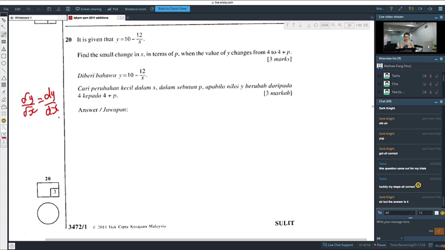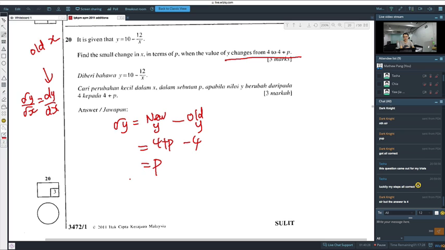One thing I want to mention is always substitute the old value of x into dy/dx. Let's see what I'm saying. In this case, the question tells you y changes from this one to this one. So I can find the change of y by using my new value of y minus my old value of y. My new value of y is 4 plus p, minus 4.